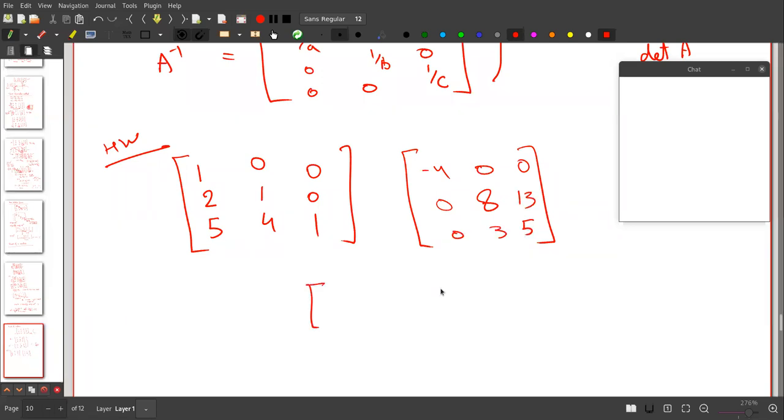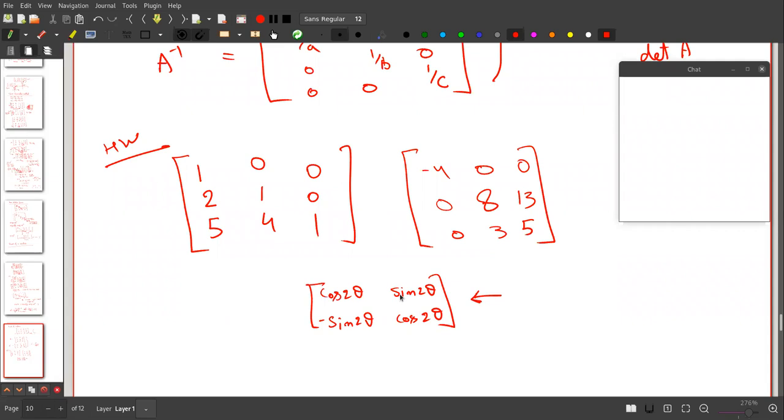And the other one is a 2 by 2: cos 2 theta, sin 2 theta, minus sin 2 theta, and cos 2 theta. Do you remember this trigonometric calculation?